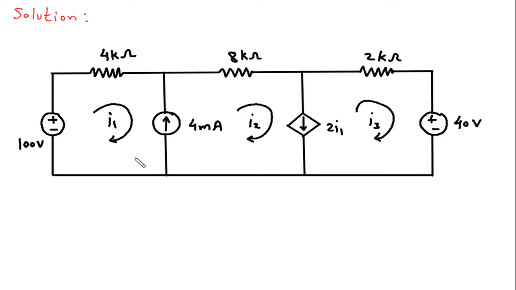Now here we can see that between mesh 1 and mesh 2 there is a current source, so this forms a super mesh. Also in between mesh 2 and mesh 3 there is a current controlled current source, so this also forms a super mesh. So this whole is a super mesh.